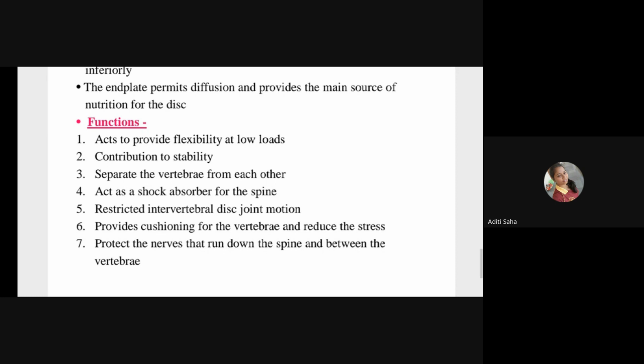They act to provide flexibility and lower the loads, contribute to stability, separate the vertebrae from each other, act as a shock absorber, restrict intervertebral disc joint motion, provide cushioning for the vertebrae and reduce stress, protect the nerves that run down the spine and between the vertebrae. Yes. Any confusion, any doubt, any query? No? Okay. Go to next.